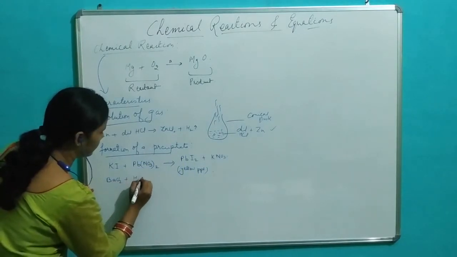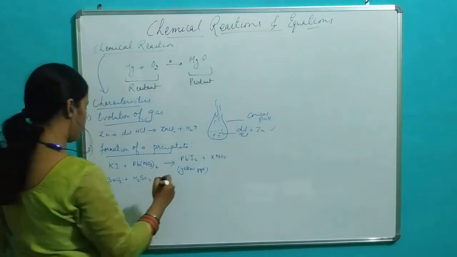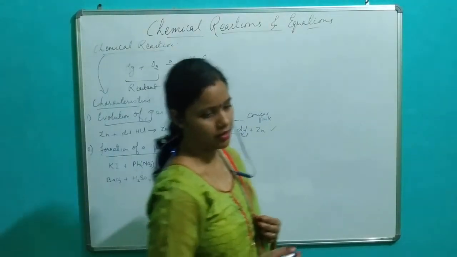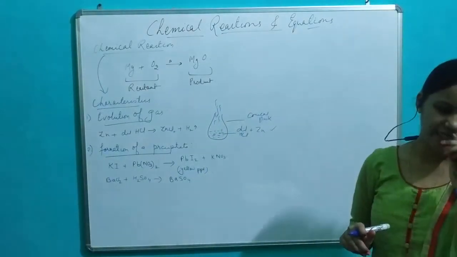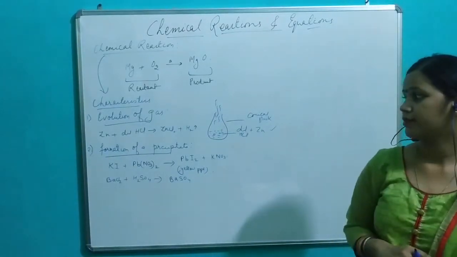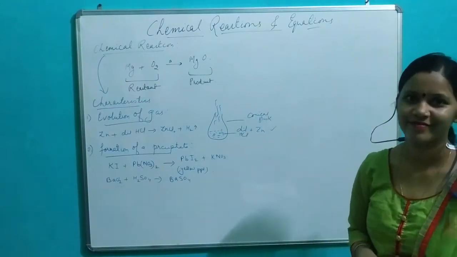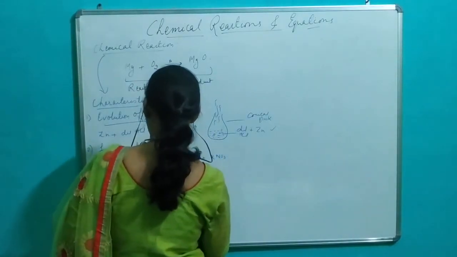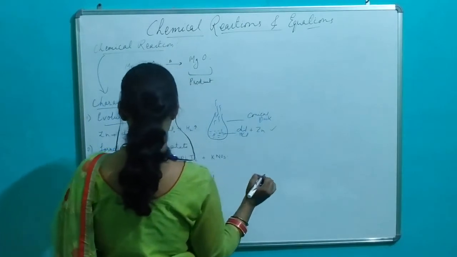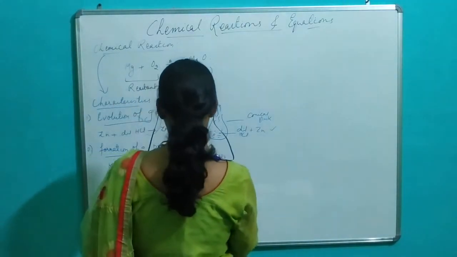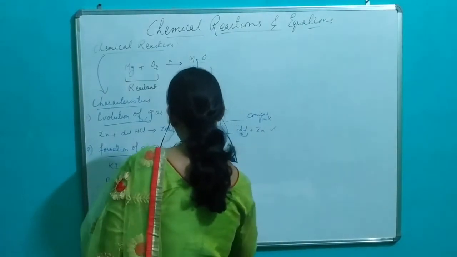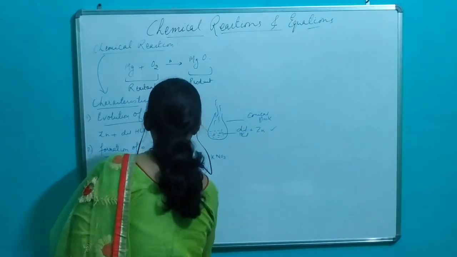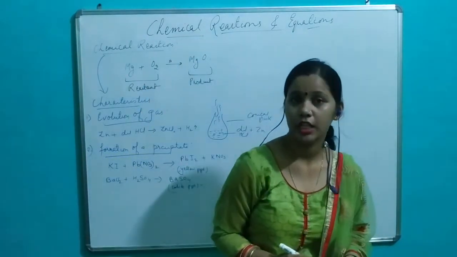The reaction of sulfuric acid and barium chloride forms BaSO4 and HCl, and we get a white precipitate of barium sulfate, which is insoluble.